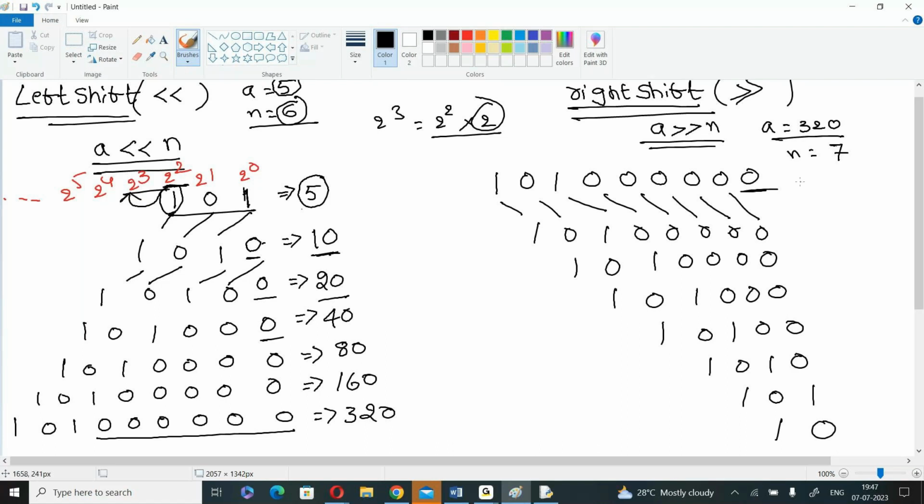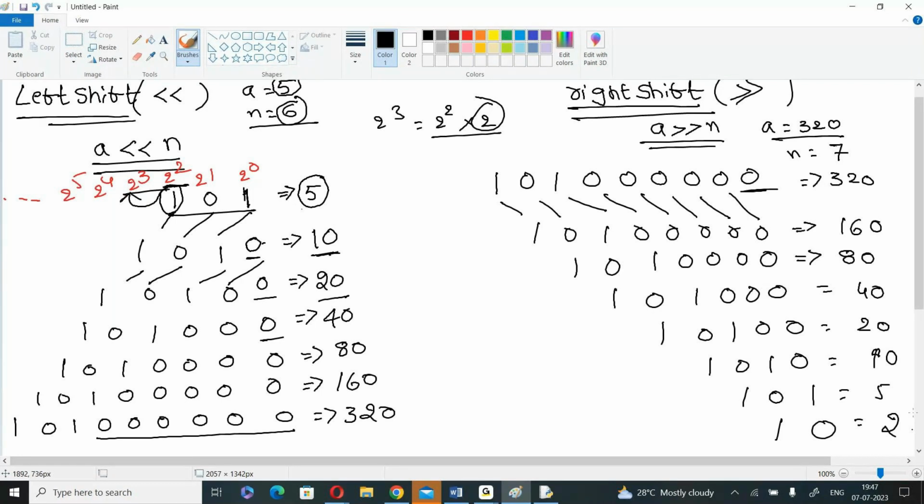Anyway, you understand what this is? This is 320. The first shift operation gives 160. Next shift, 80. Next, 40. Next, 20, next 10, next 5, next 2. Understand, note point: the bitwise operators apply on integers only.